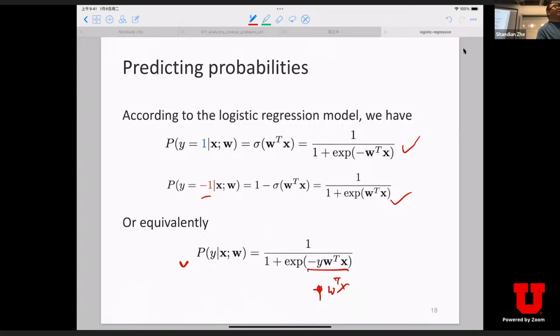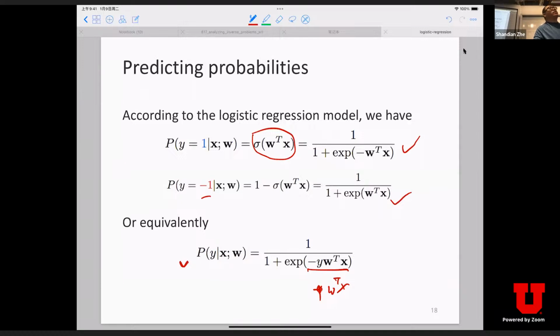Is everyone feeling comfortable? It's a classification problem, because our label is either minus 1 or 1. The reason is that we're going to predict a probability, the probability that you classify X to be 1.